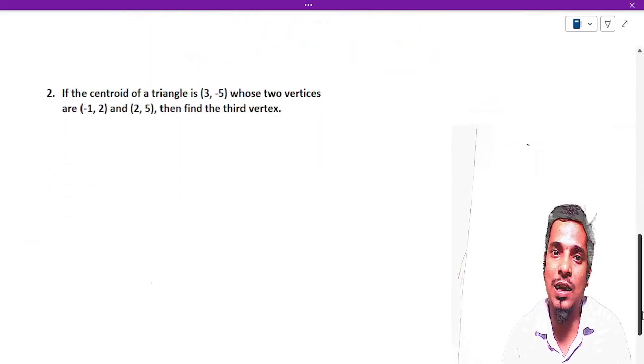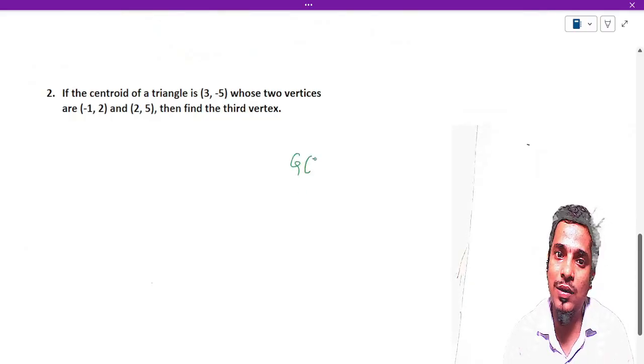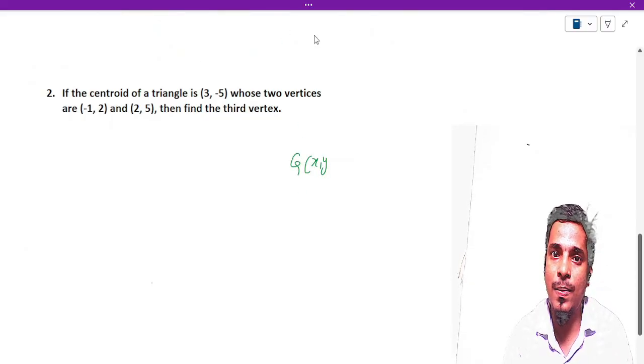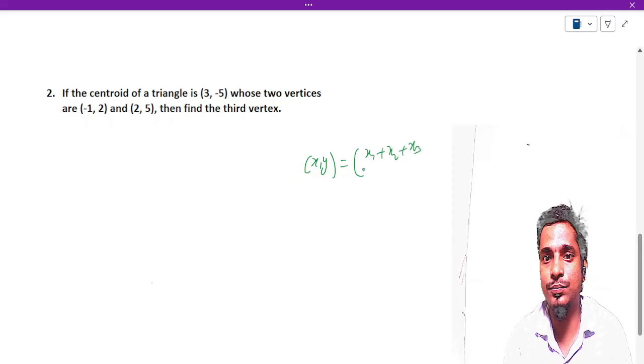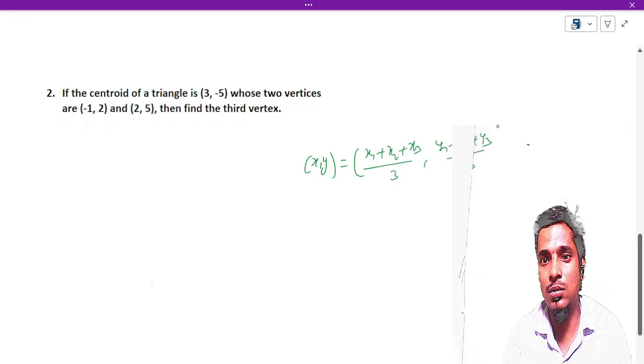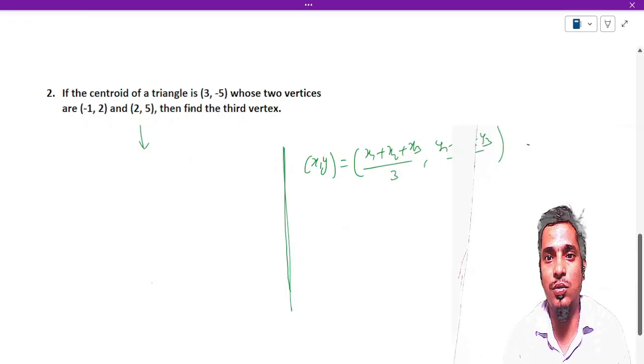So we can say that if in a triangle the centroid is given as x comma y, which is x1 plus x2 plus x3 by 3 and y1 plus y2 plus y3 by 3. This is the generalization of this question. We'll derive this one result, that is what we are going to use over here.